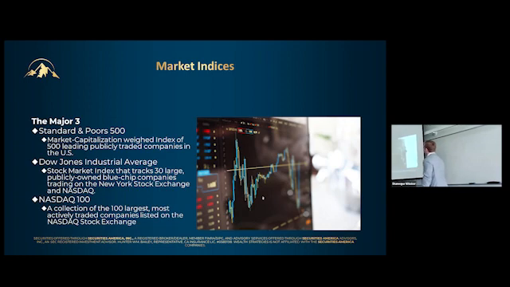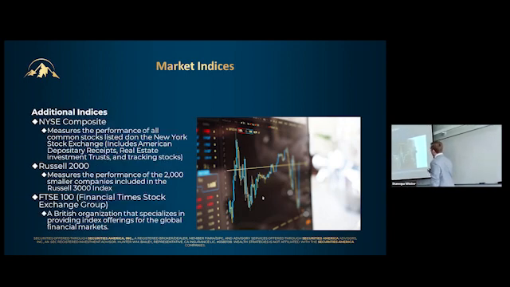There's a couple extra indices that we look at, not all of them that we use. Those top three are what you'll see in your investments most of the time, and then the sector indices, but these are just some other ones you might have heard about. The NYSE, the New York Stock Exchange Composite, is a measurement of the performance of all the common stocks listed on the New York Stock Exchange.